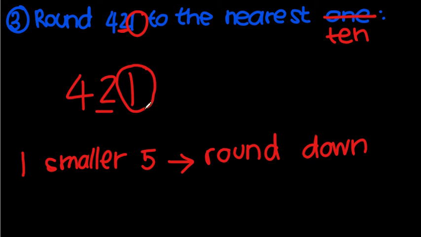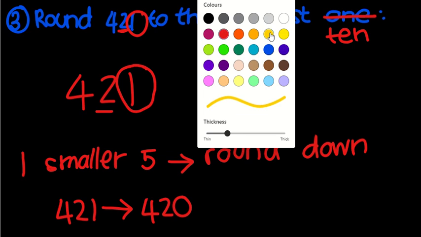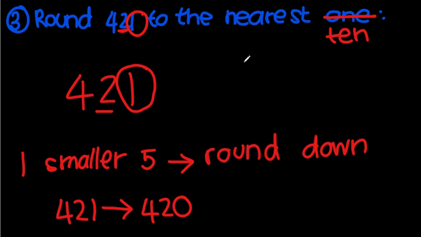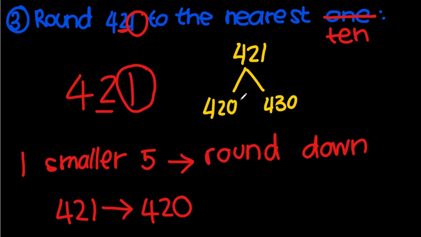It becomes 420. With the diagram, I have 421 and I want to round it to the nearest 10, so it's either going to be 420 or 430. In this case, it rounds down to 420.